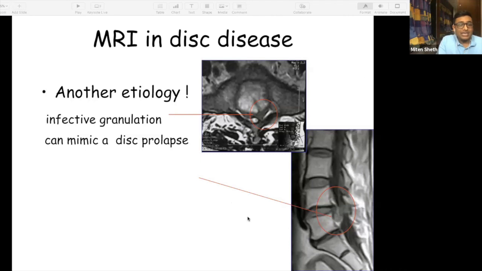So in a T1 weighted image, what you are able to see is whether there's a bigger, soft extruded chunk which has come out apart from a chronic chunk, or whether there is an additional infection. So this is the only role of T1 weighted image when you are seeing a patient with a disc problem.